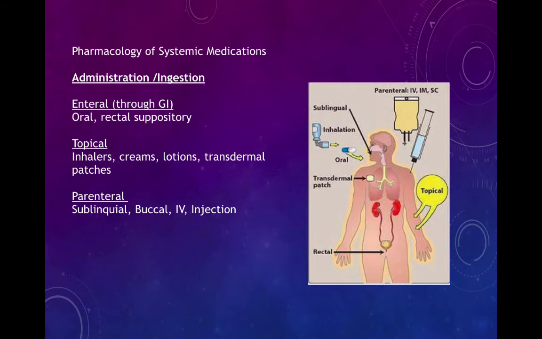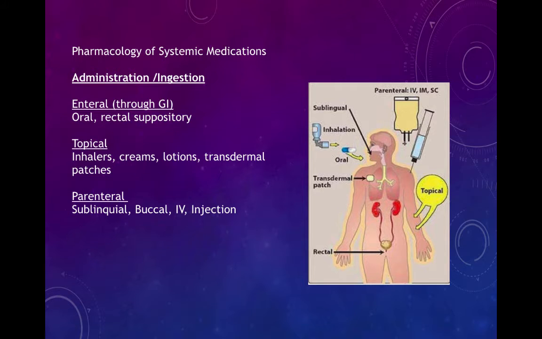Those are placed under the tongue and absorbed through the mucosa, going directly into the circulatory system. This isn't going through the stomach to get dissolved and then absorbed, so they do not have the first pass effect, a term you'll hear with oral medications. I'll go through that in just a moment.